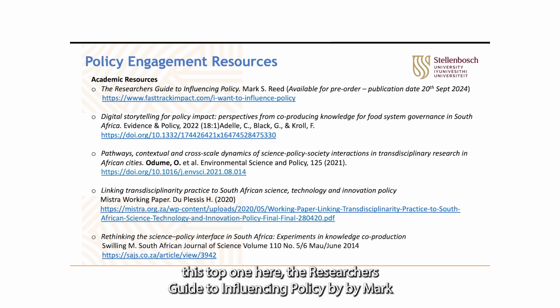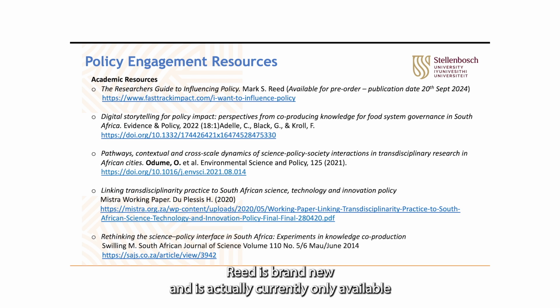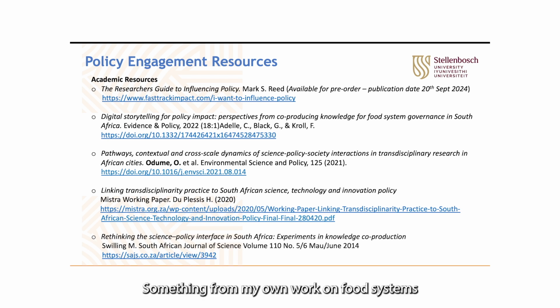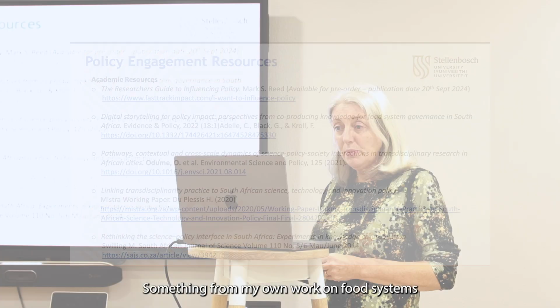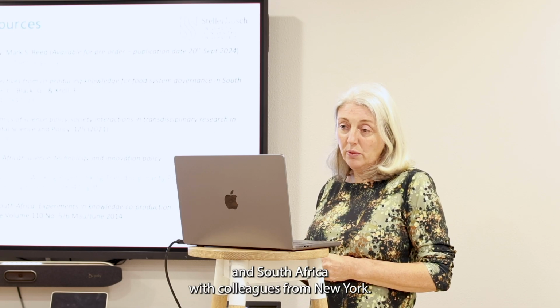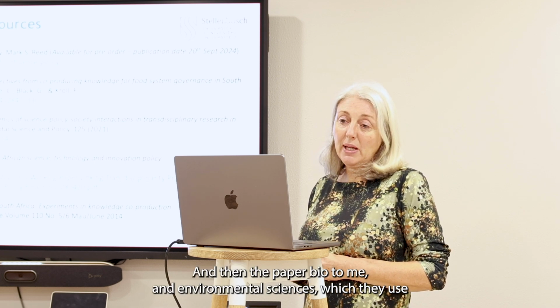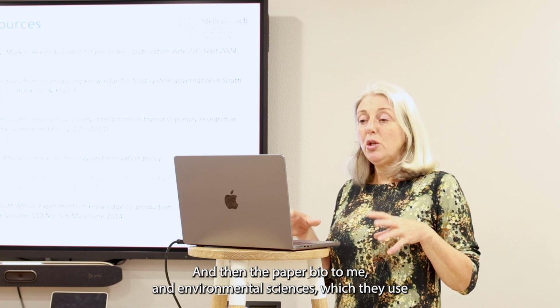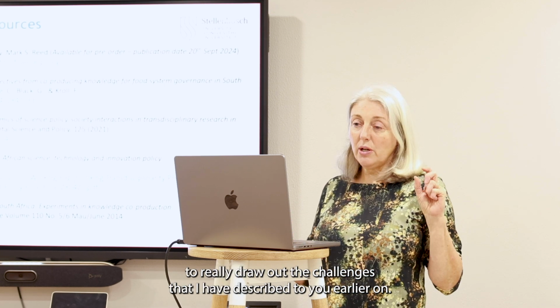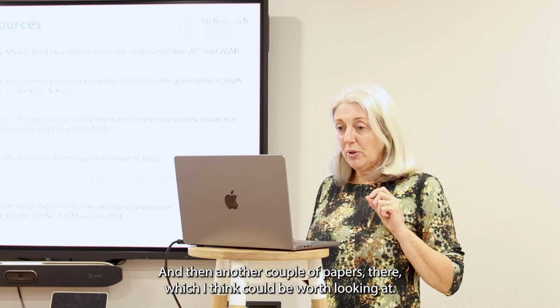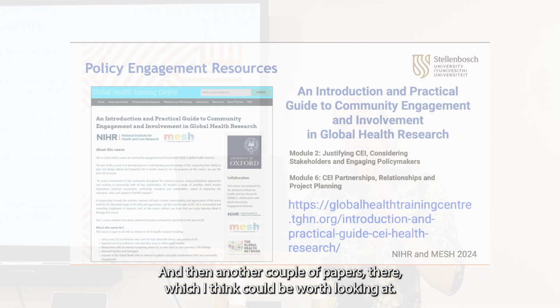This top one, The Researcher's Guide to Influencing Policy by Mark Reed, is brand new, and it's currently only available for pre-order, but it's coming out later this month. Something from my own work on food systems in South Africa with colleagues from UWC, and then the paper Biodumi in environmental sciences, which they used to really draw out the challenges that I have described to you earlier on, and then another couple of papers there, which I think could be worth looking at.